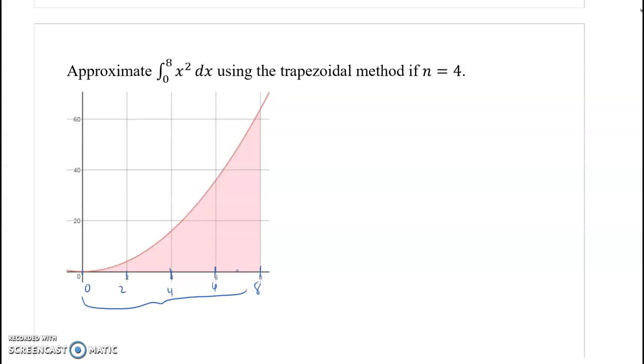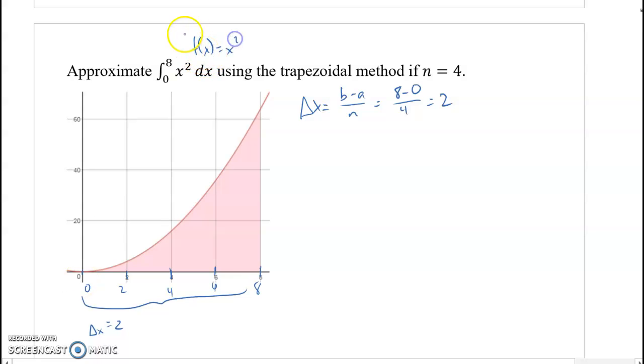So that's going to be our delta x value, right? Delta x, as always, is equal to b minus a over n. In this case, b is 8, and a is 0, and n is 4. So that's our value 2. Delta x equals 2. And that's going to be true for each and every one of those trapezoids. So the heights of the trapezoids are going to be determined, just like with the rectangles, using the function f of x equals x squared in this case.